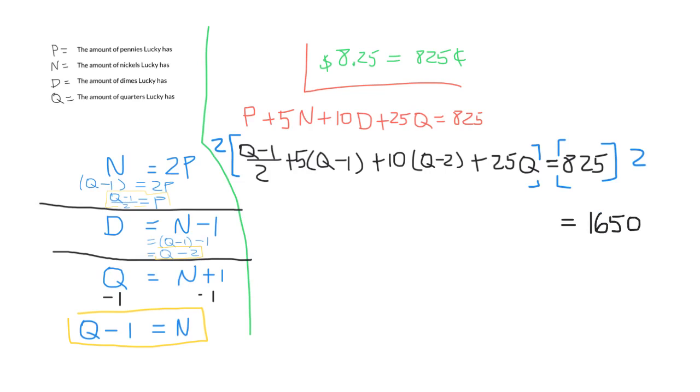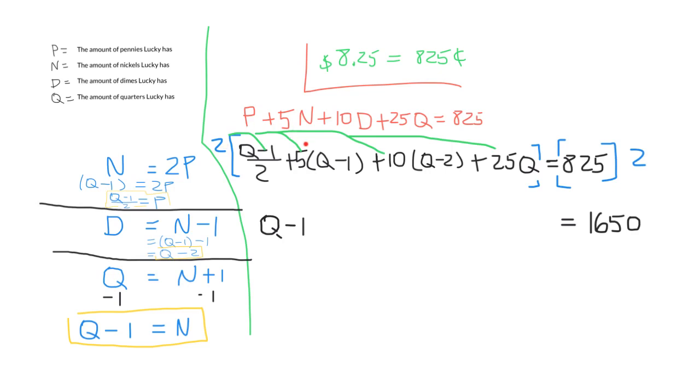Okay? Now, let's analyze what happens over here. That's going to distribute there, there, there, and there. The 2 is going to distribute to all of these places. So let's analyze what happens each time. When 2 gets distributed to this one, the 2's are going to cancel, and it's just going to leave us with Q minus 1.